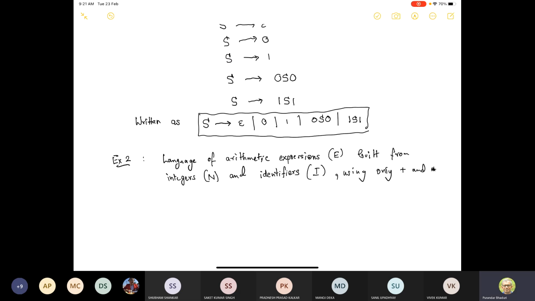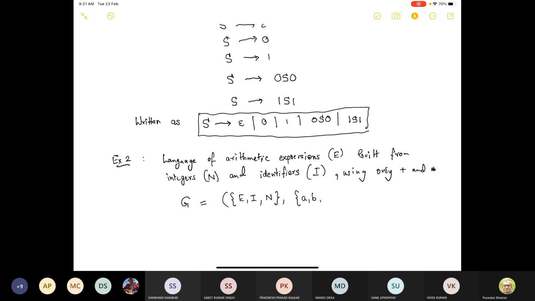So what is the grammar? The grammar, the context-free grammar, this will have three variables, E, I, and N. And let us say that, to simplify things, these are the terminal symbols.